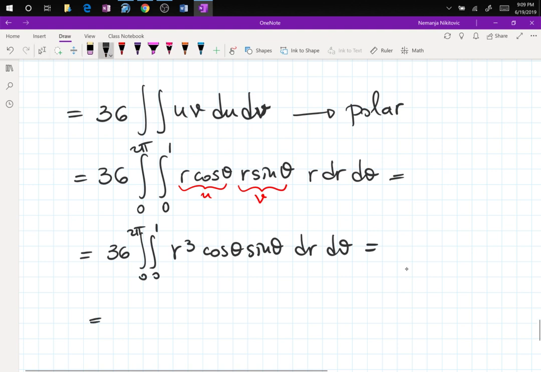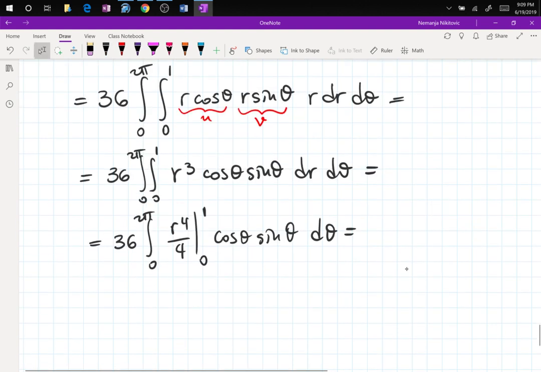Integrate r cubed to get 36, 0 to 2 pi, r^4 over 4 from 0 to 1. Still have cosine theta sine theta d theta to deal with.